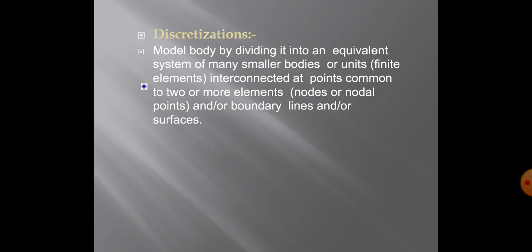It is interconnected at points common to two or more elements. That point where two or more elements are interconnected is called a node or nodal point, along with the boundary lines or surfaces. So basically, what is discretization? Subdividing the whole structure into small elements or small structures is called discretization.